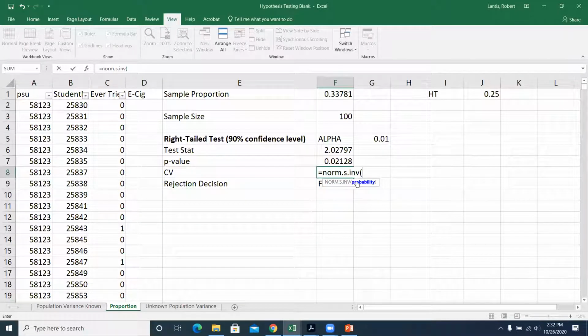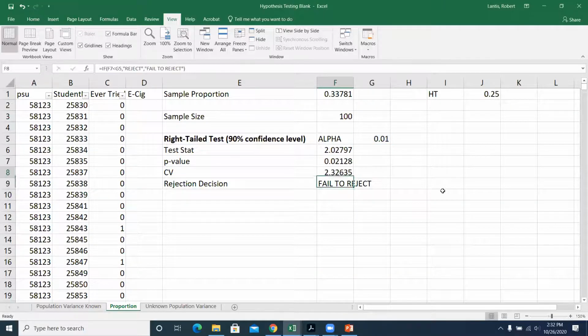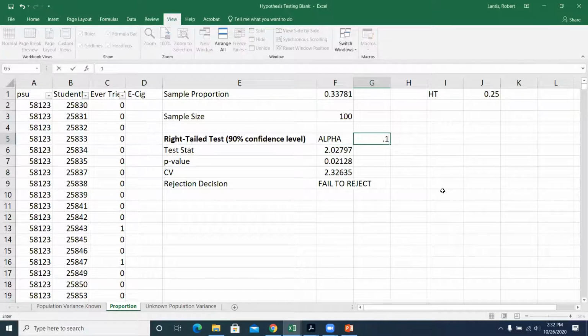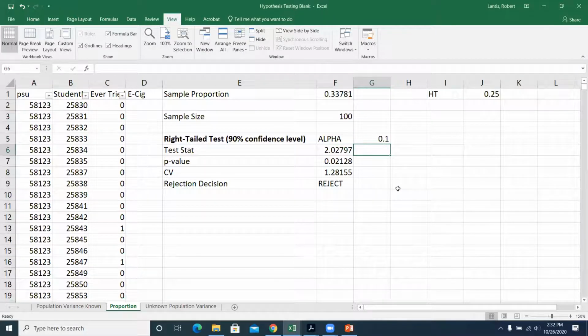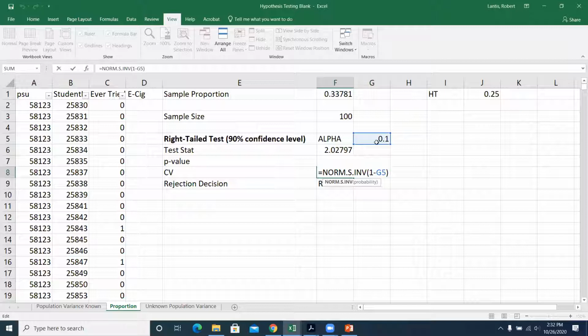And the area I want in my left tail was not 0.01, it was 1 minus that. And I think actually the original alpha we had started out with was 0.1. I was kind of showing you how that rejection decision formula would change. But right, we have to tell Excel what area we want in the left side of that critical value. So for a right-tailed test, we have to do 1 minus alpha. Okay?